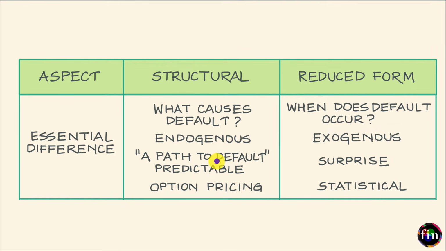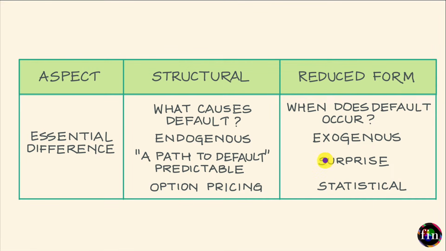And if I were to connect the values of those variables as of today, when default has not happened, with the values that these variables are likely to take in the default event, what I have in front of me is something called a path to default. And as I am nearing default, default in a structural model becomes all the more predictable.